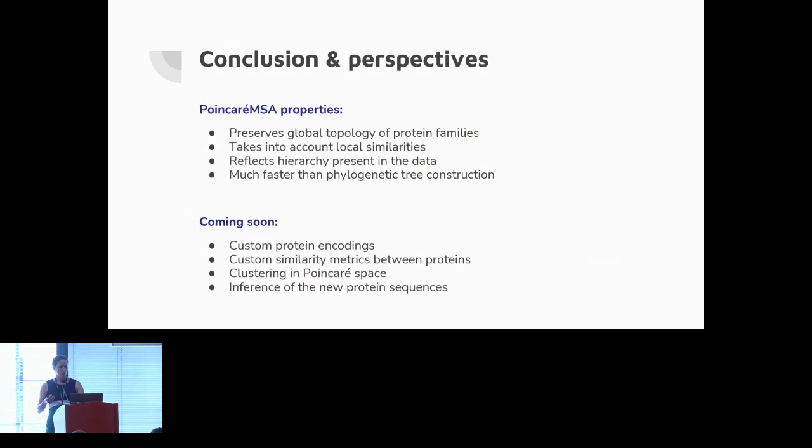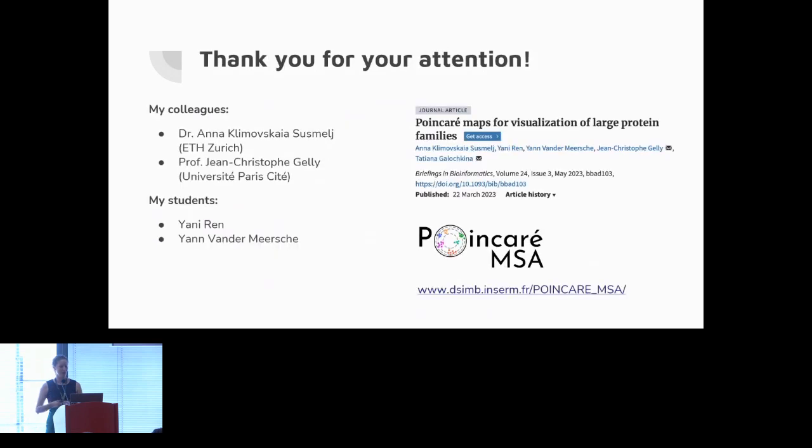I will say just one word on the perspective, because we're still working on the project, and I hope that soon you will also be able to change the distance metrics and the protein representation to extract as much information as you can from your embeddings. And I thank a lot my collaborators and you for listening, and I encourage you to check the tool and the paper associated with it. Thank you.